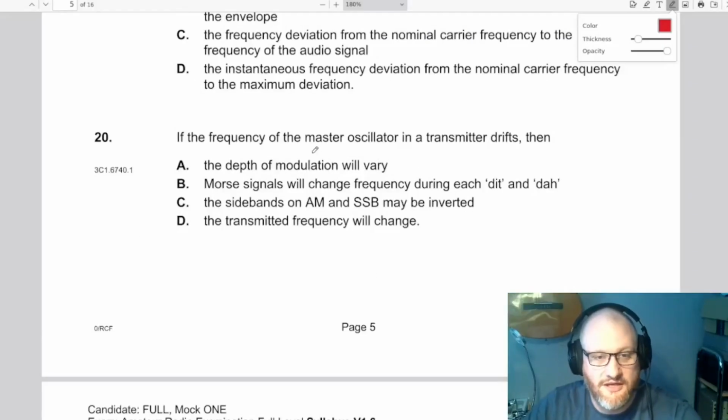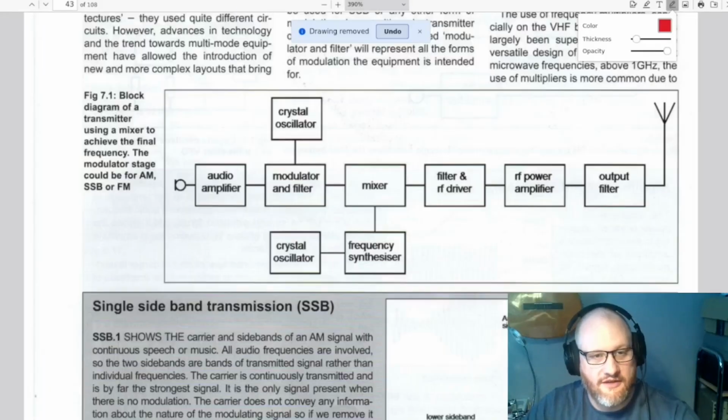Okay, so with this question, the really important terminology here is the master oscillator in the transmitter. The terminology master oscillator makes us think that everything else in the transmitter is going to be derived from this one oscillator. If we take a look at the full license manual, we've got a block diagram here showing a transmitter architecture.